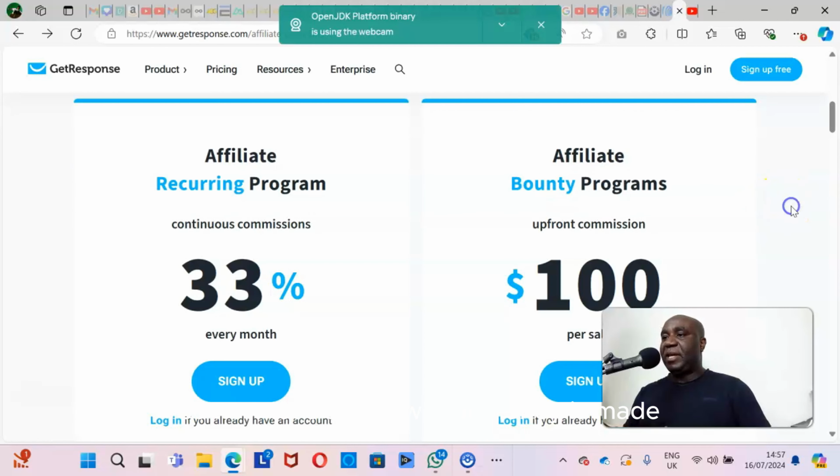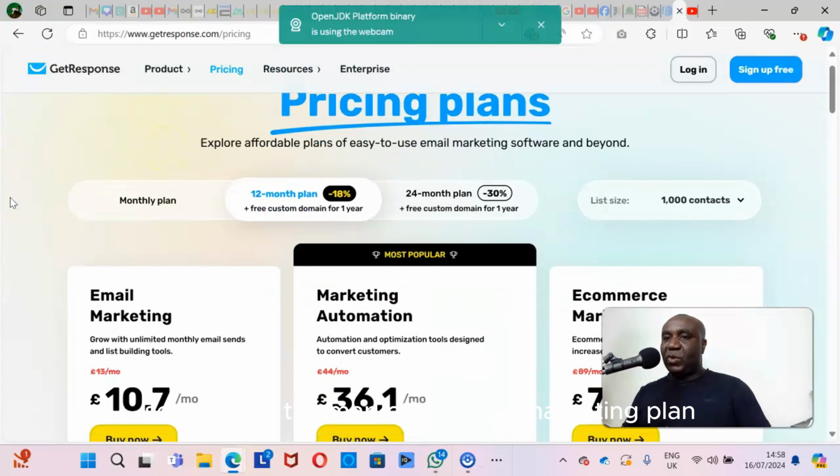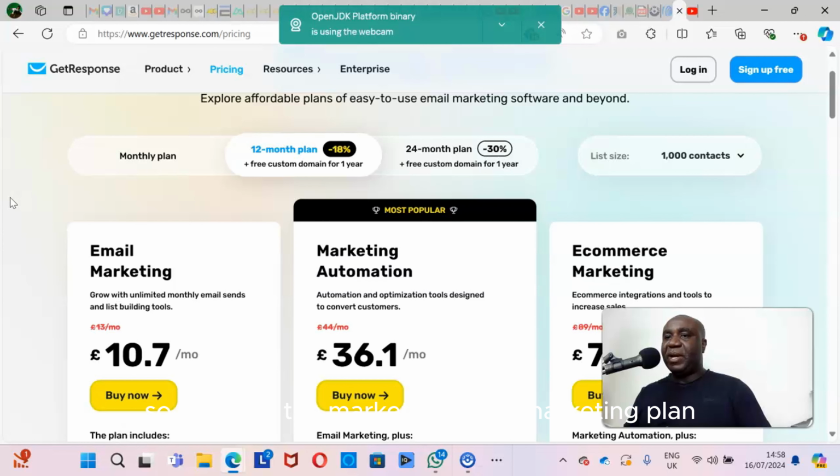Now let's see how that money is made if you decide to go with the 33% program. I'm going to click on the pricing to see how much this software actually costs. We have the email marketing plan, the email marketing and automation plan, and the e-commerce marketing plan.